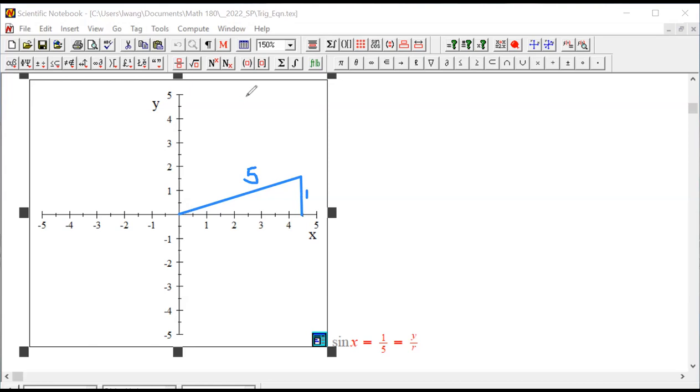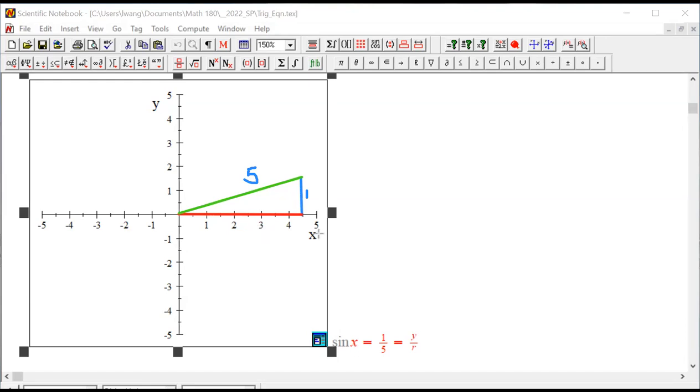Oh, the R relation, the R should be the wrong. Let me use a different color for R. I'm going to use a green for R. So R is 1, and this is 1, this is 5, so 1 over 5. We need to find the red.